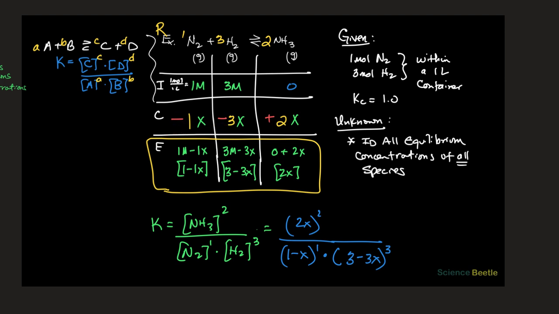We're going to assume that these changes, the negative 1x and the negative 3x, in the equilibrium expression, the concentrations at equilibrium, are insignificant. Specifically, I'm referring to this piece right here that I'm identifying in yellow, a highlight down here at the bottom. I'm saying that these pieces are insignificant. And if they are, we can eliminate them from the reaction, and I'm going to simplify the overall reaction now.